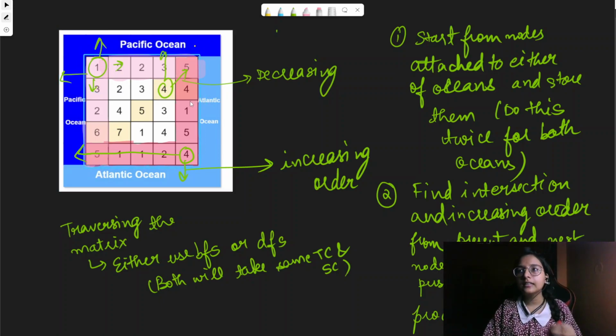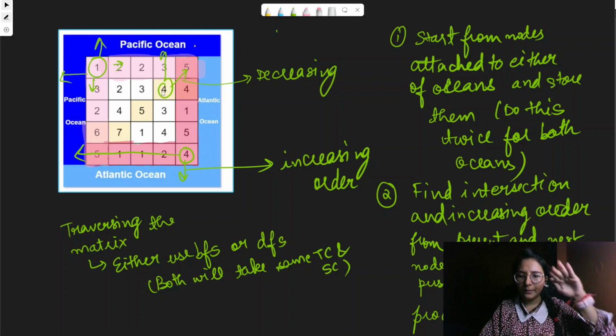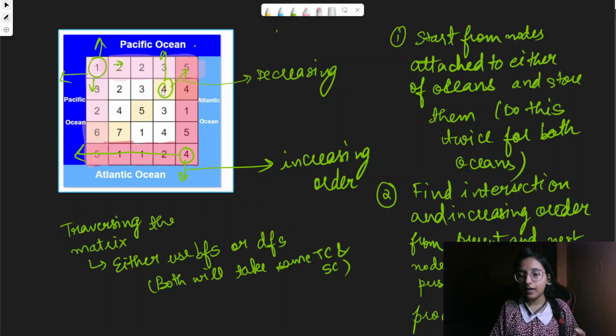And the next thing is that if we were checking the outward flow, then surely it would be in decreasing order, right? Because only from a higher position could we flow towards a lower position. But in this question, as we are going from outwards towards inward, we will be checking from the lower node to the higher node, how we can go from lower to higher.